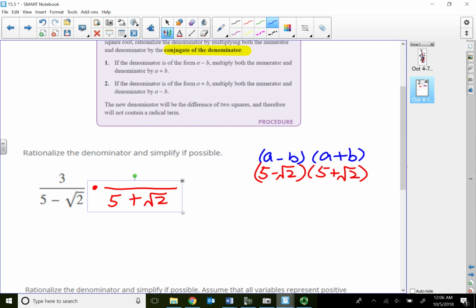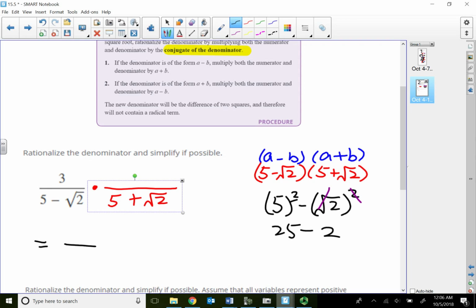That's how I get rid of them. Difference of squares says my a, the whole thing squared, minus my b, square root of 2, the whole thing squared. Since square and square root cancel out, I get rid of my radical. That would just be minus 2. 5 squared is 25, so 25 minus 2 gives me 23.